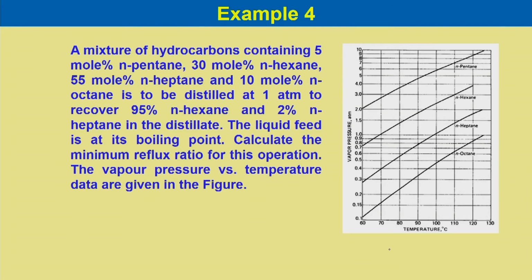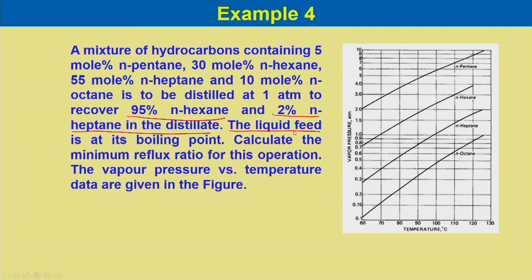So, let us consider an example to solve the minimum reflux ratio problem. A mixture of hydrocarbons containing 5 mole percent n-pentane, 30 mole percent n-hexane, 55 mole percent n-heptane, and 10 mole percent n-octane is to be distilled at 1 atmosphere pressure to recover 95% of the hexane and 2% of the n-heptane in the distillate.